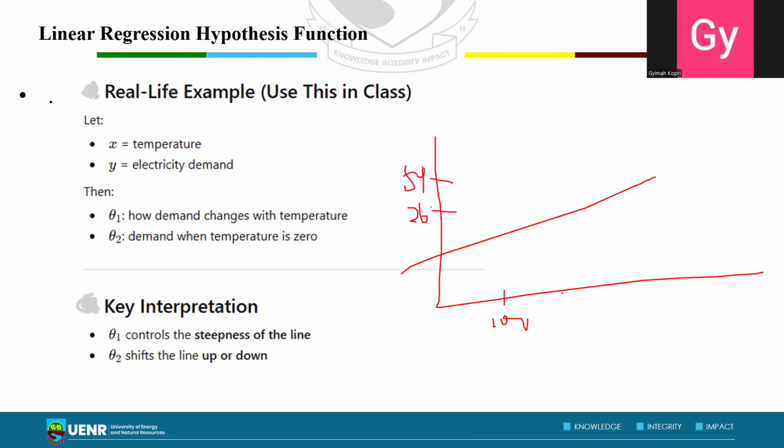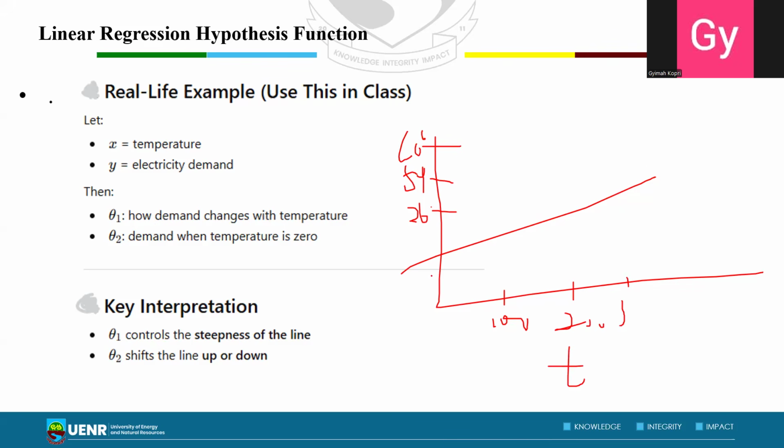I think it will increase, maybe to an electricity demand of 200 units. What about 60 degrees Celsius? Maybe 300 units. So you see that this is a linear relationship, as the temperature that we need is increasing.